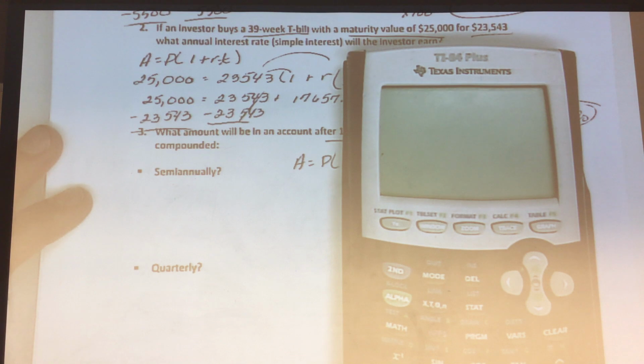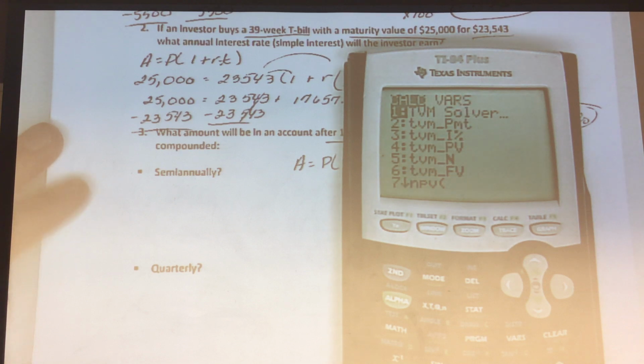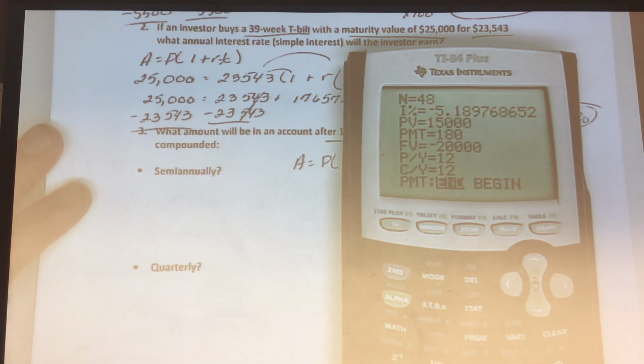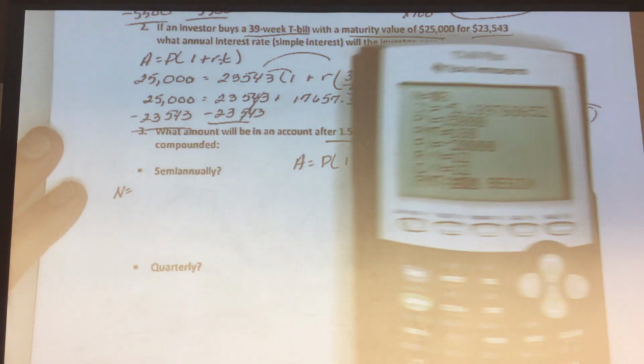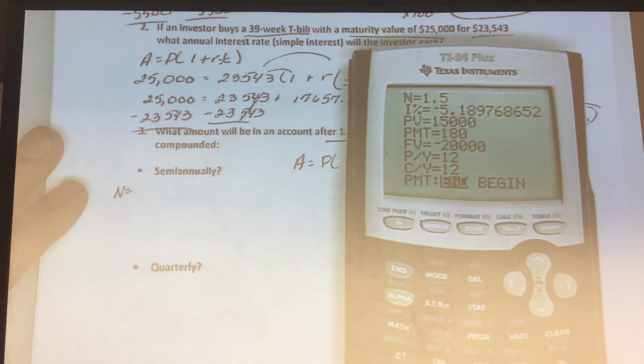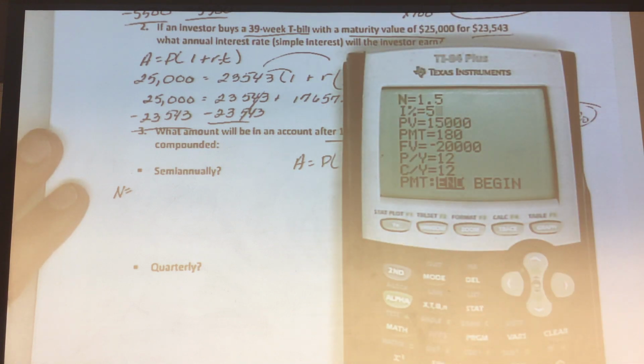So here you're going to press the apps, finance, TVM solver, and let's enter the data in here. So N is your time, and your time here is 1.5 years. I is your interest rate in percent form, and that's 5%.